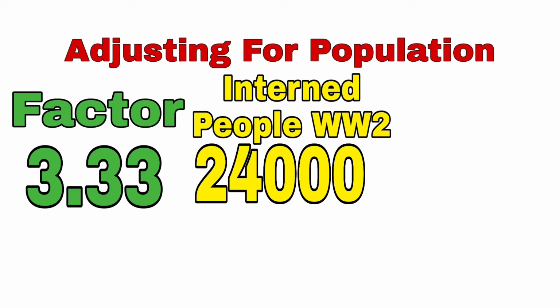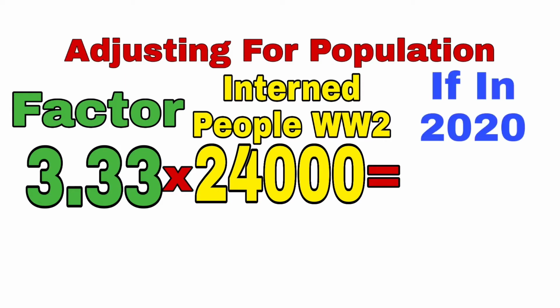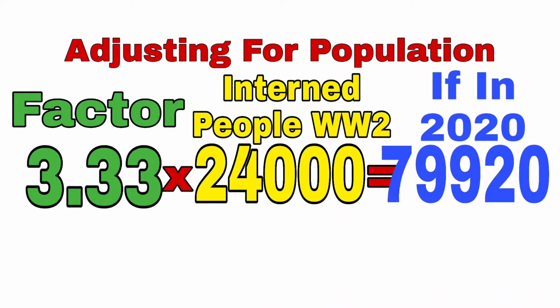So you multiply 3.33 and 24,000, and what are you going to get? If in 2020, you're going to get 79,920 in today's population equivalent. So we'll say 80,000. 80,000 people in internment camps, rounded up because of their ethnicity, for safety and security.